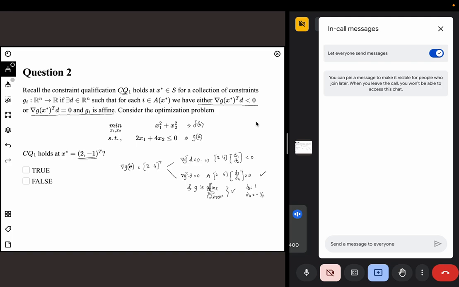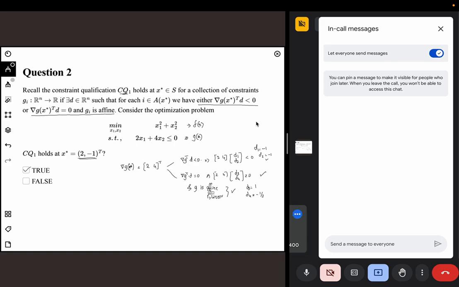If either one of them is satisfied, then I can say CQ holds, but you can also check the other one. Can I choose any d1, d2? I can easily choose d1 equal to say minus 1 and d2 equal to minus 1. And this particular quantity will be less than 0. So this is also satisfied. If one of them is satisfied, then the constraint qualification holds at that particular point. This is true.